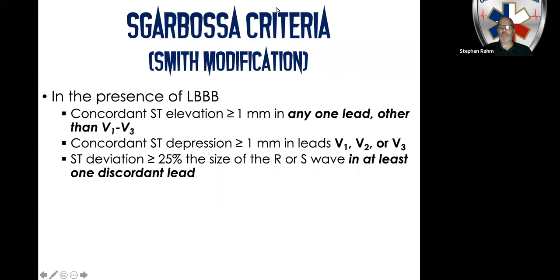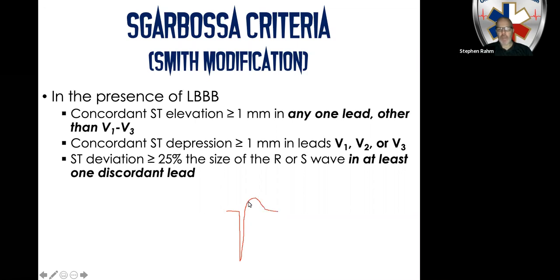So I'm going to bring up a little drawing tool here. I'm going to show you a couple of examples. So let's say that we're looking at this QRS complex, which is really, really deep, which you may see, for example, in leads V1, V2, and V3 with LVH. And I'm going to say that the J point is about right here where I'm stopping. And then I've got the ST segment right here. Okay.